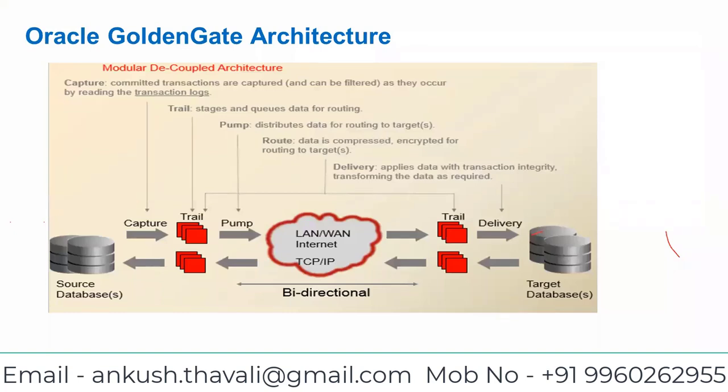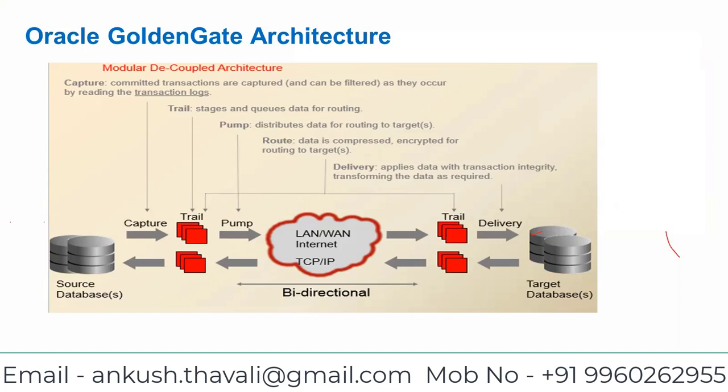So manager process, as the name suggests, manages the Oracle Golden Gate environment. So you have five processes, three processes over here, along with trail files, local trail and remote trail. Manager process manages this complete environment. You don't see manager in this architecture, but each Golden Gate environment has a manager process.